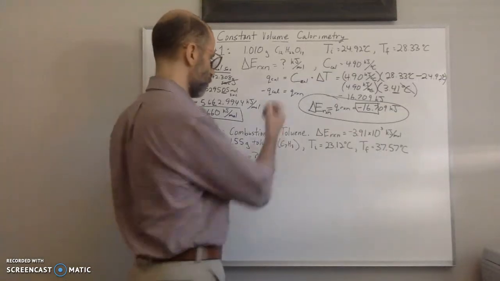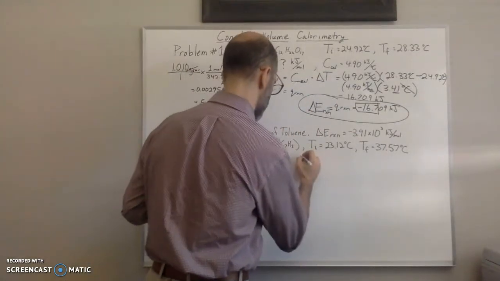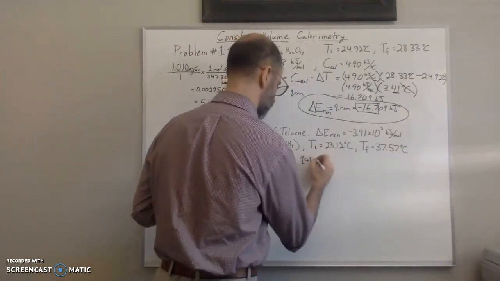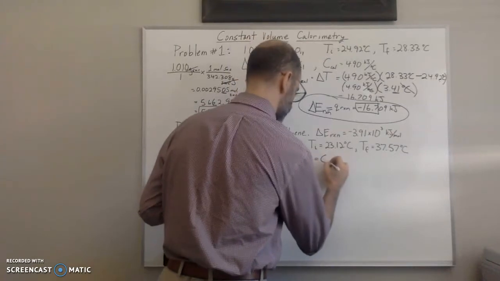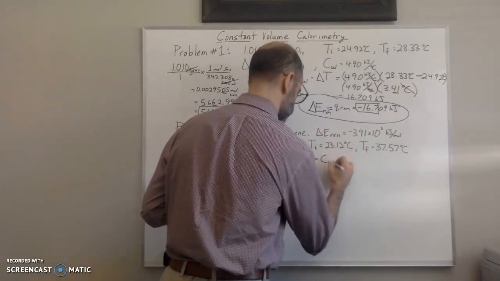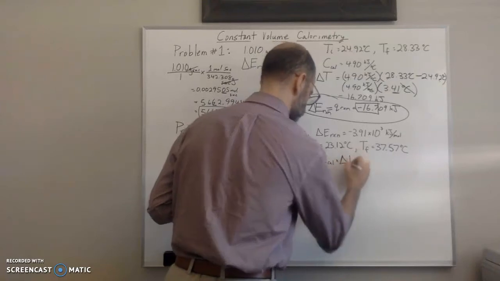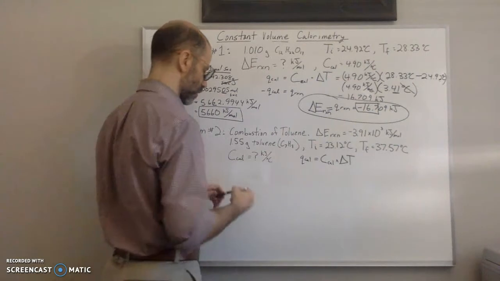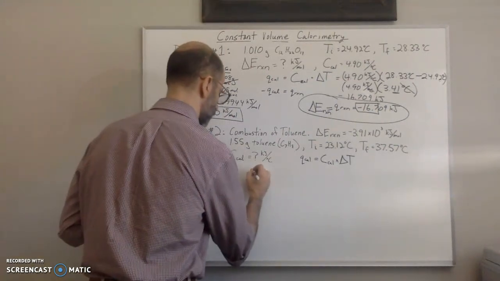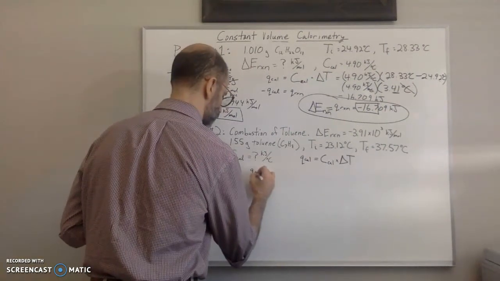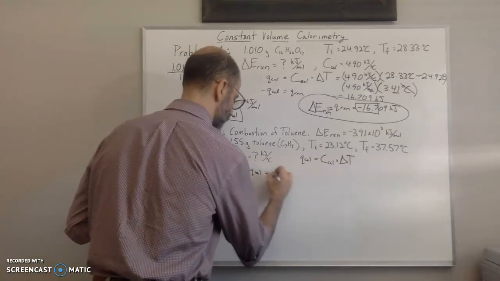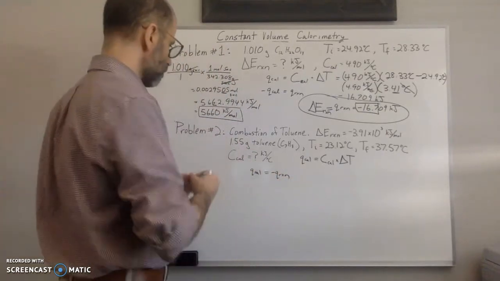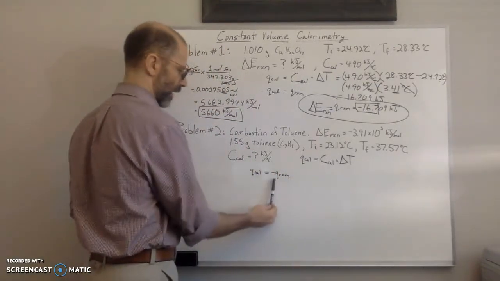So we're going to use this equation again, where we've got the Q of the calorimeter, the amount of heat picked up by the calorimeter, is the specific heat of the calorimeter multiplied by the change in temperature. The Q of the calorimeter, if you remember, is going to be equal but opposite to Q of the reaction. So we need to figure out what the Q of the reaction is.